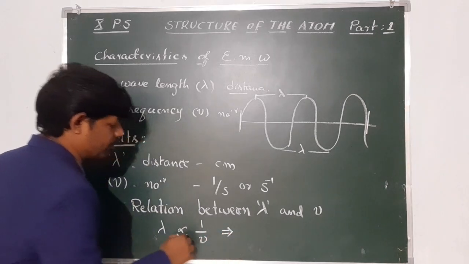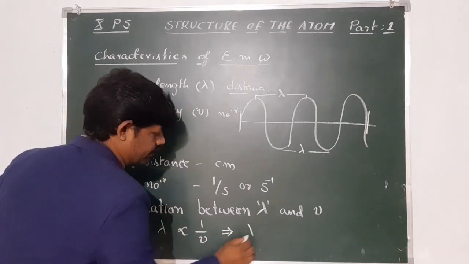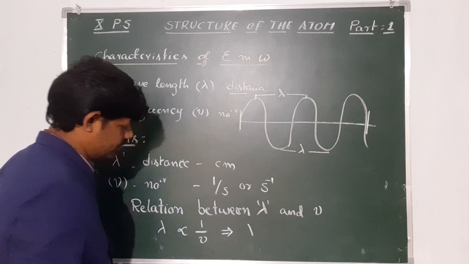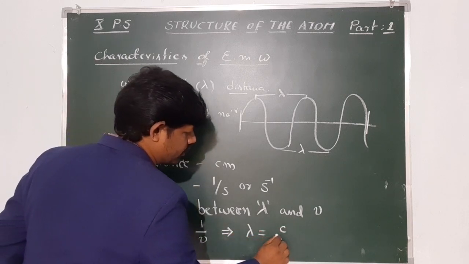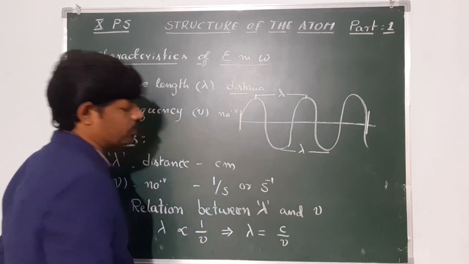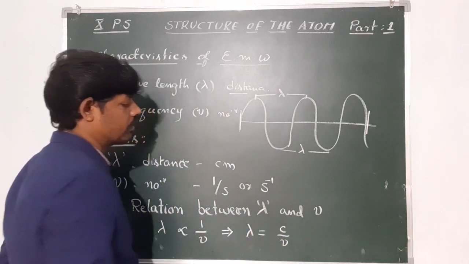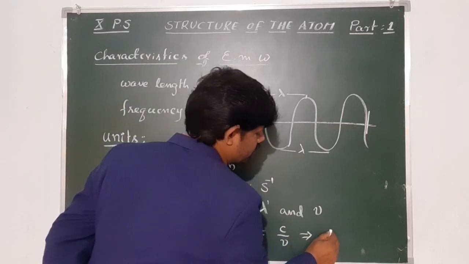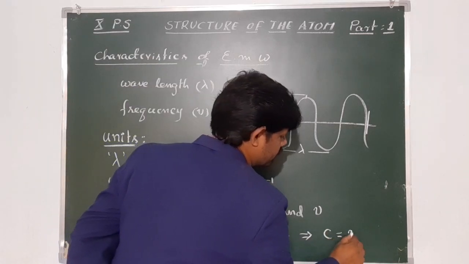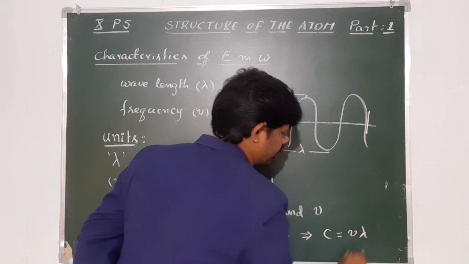If you remove the proportionality constant, you will write lambda is equal to c by nu, where c is the constant. So c is equal to nu lambda.